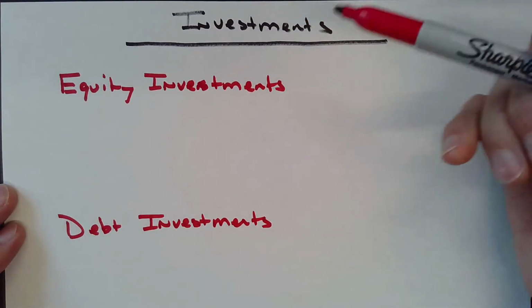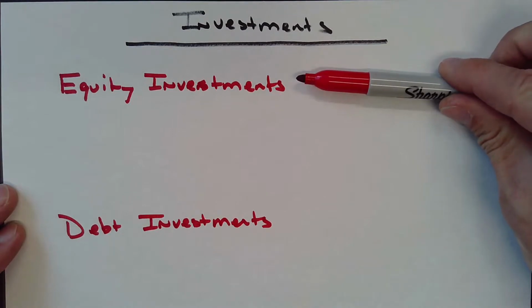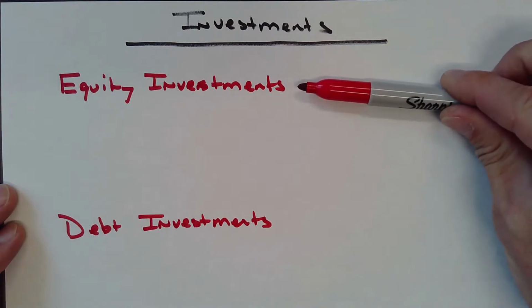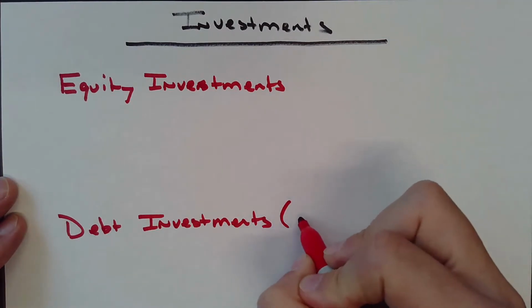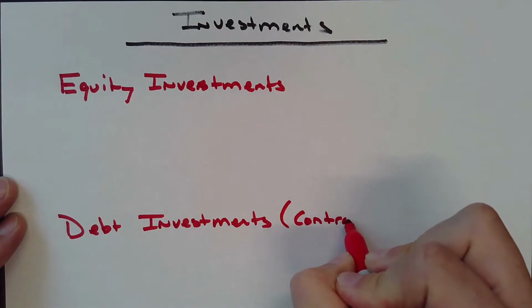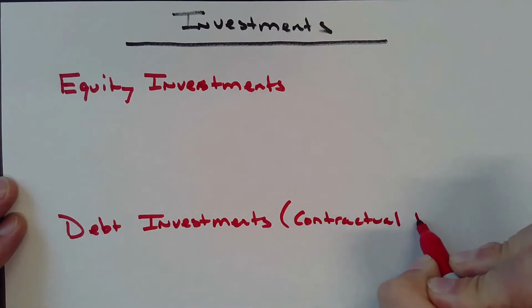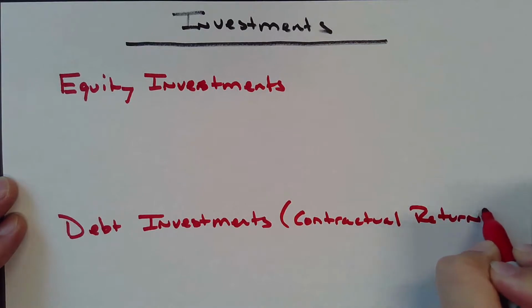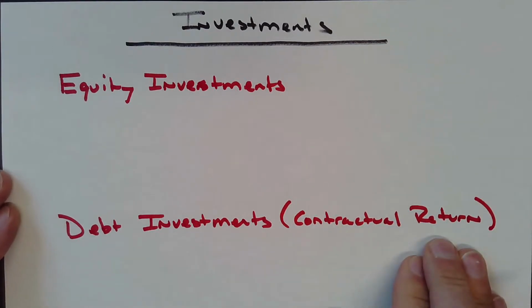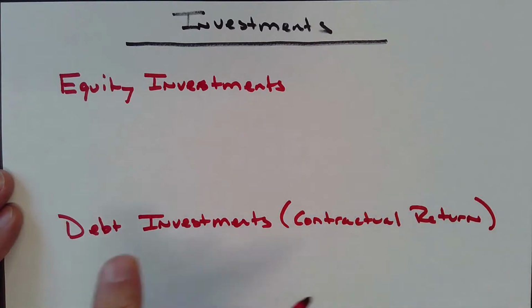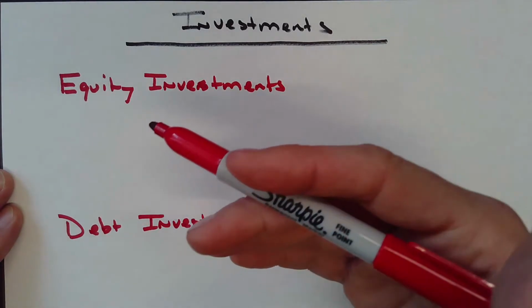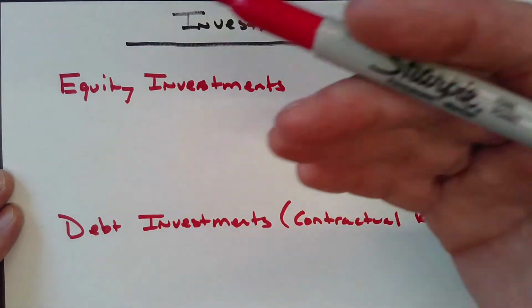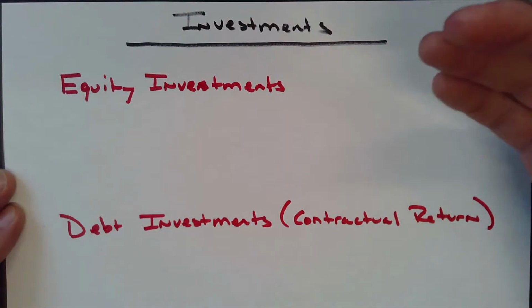And there's an expected return on each of these. This one has a contractual return. It's actually listed in the contract. This one has a hopeful return based on how well the company does.